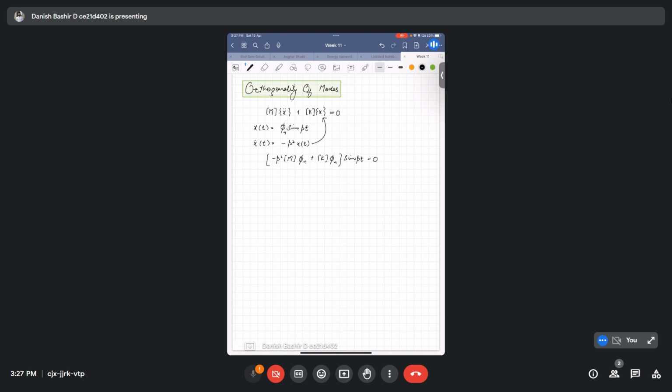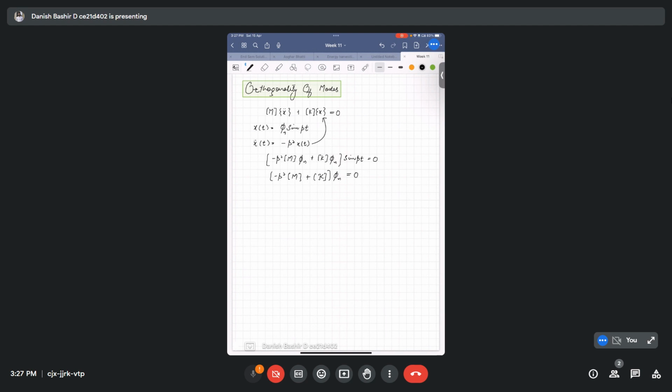For this to have a solution, minus p square m plus k times phi n, with sine pt not being 0, should be equal to 0.